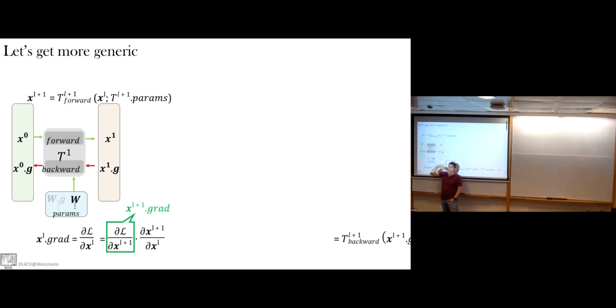Think about the derivative of the activation function. The derivative of the activation function is a function of the inputs to it. So when you multiply by it for the gradient, you're going to need it.